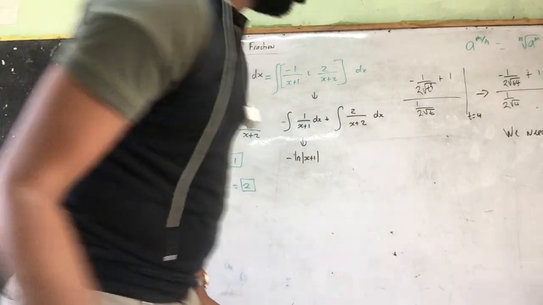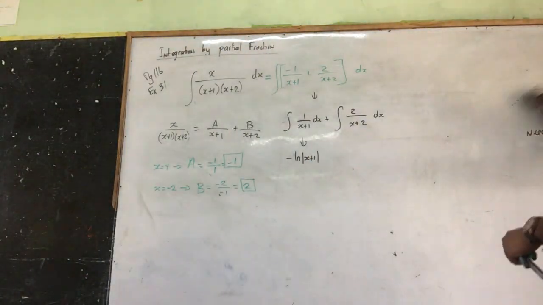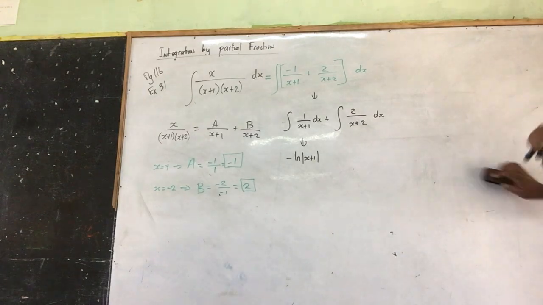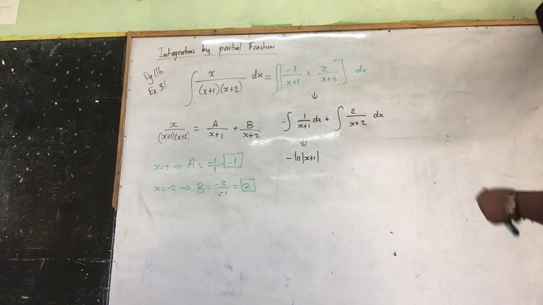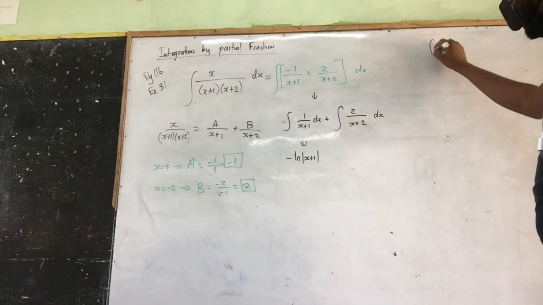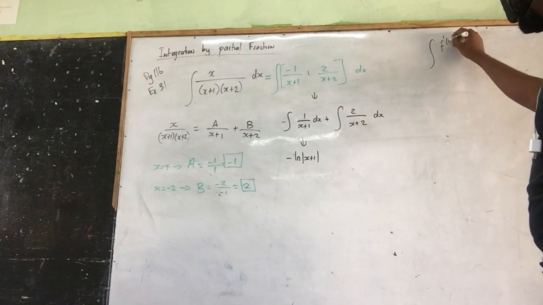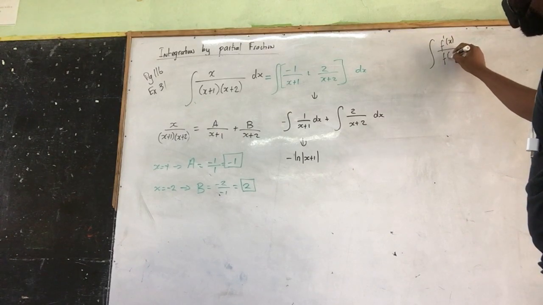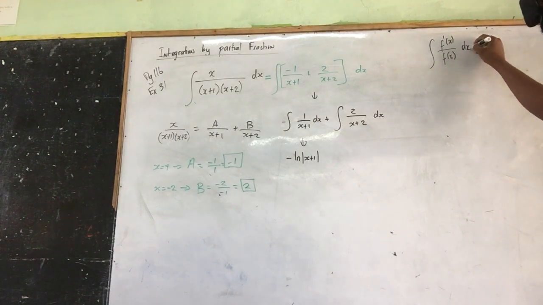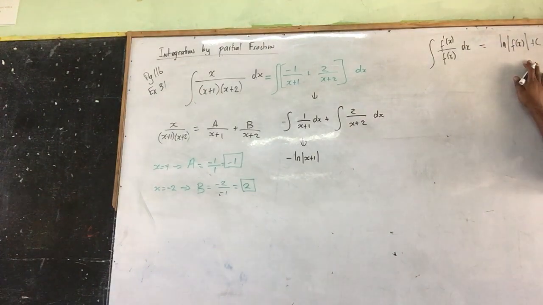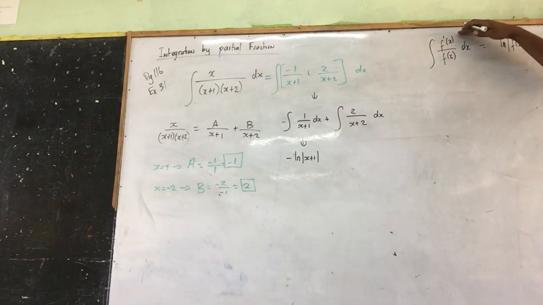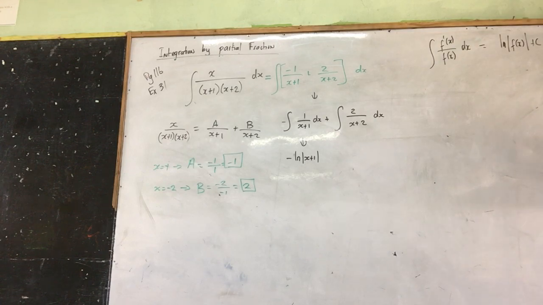Let me highlight the rule that we're using on the board. The integration rule is this: the integral of f prime of x over f of x dx is always equal to natural log of the absolute value of f of x, plus C. As long as we can identify the derivative of the denominator function in the numerator, that's all we need.